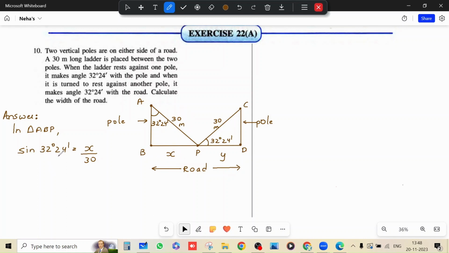Now the value of sine 32 degree 24 minute can be found out using the trigonometric table of sine, and this is equal to 0.536. So the value of x can be found out using 30 into 0.536. This is equal to 16.08 meters.